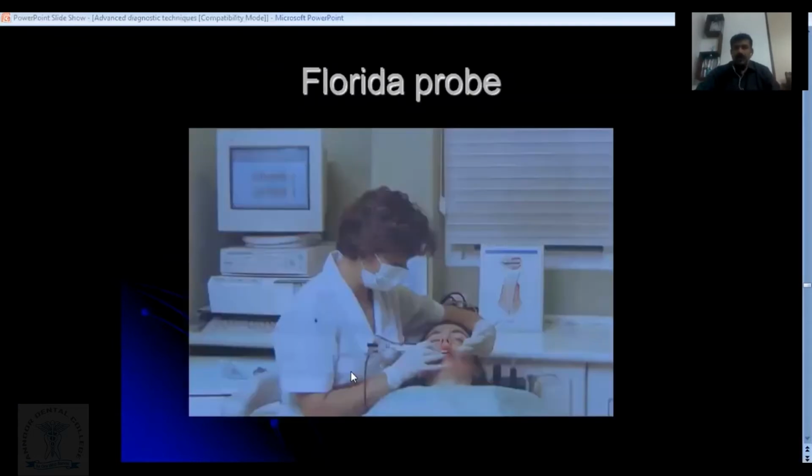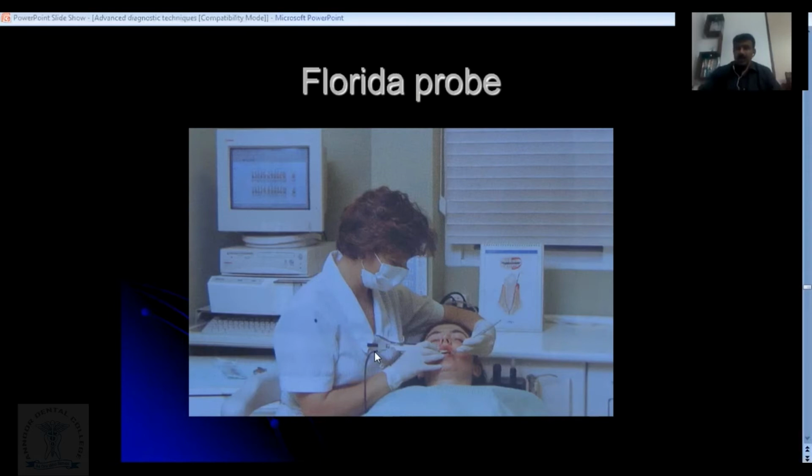Now, this is a Florida probe. That is the first type of Florida probe, which was actually marketed very long back. You can see this probe, look how bulky it is. When you look at the Williams probe, you see how small it is.